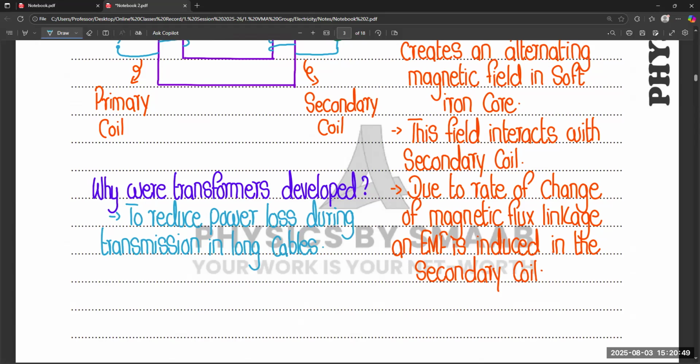So basically this can be achieved by increasing voltage and decreasing current.